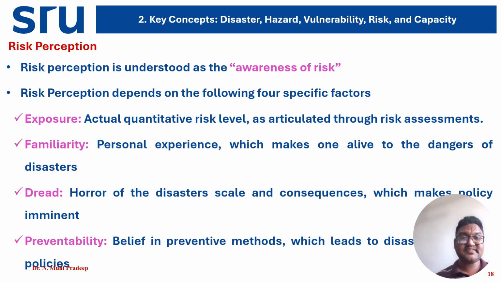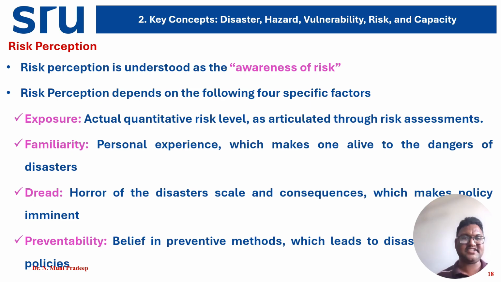Risk perception is not always accurate. People often underestimate, sometimes they overestimate risks based on their experiences, beliefs, and emotions. This slide tells us that risk perception depends upon four specific factors, right?